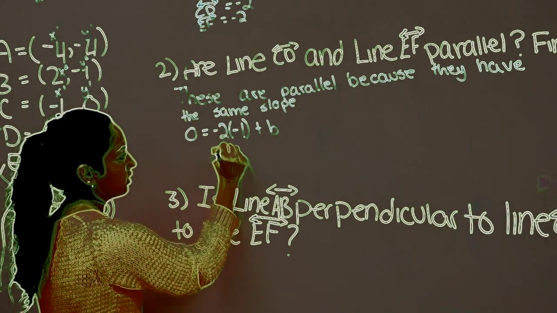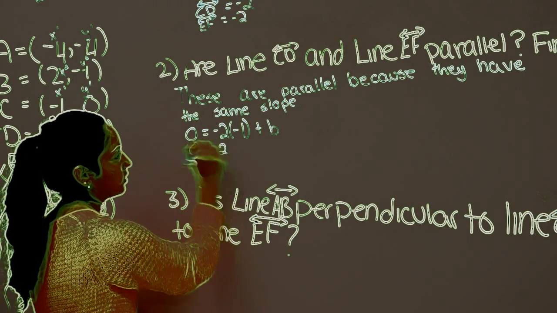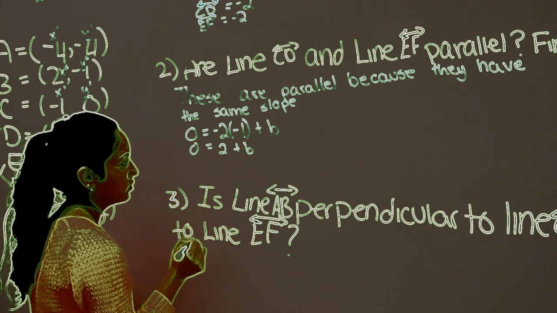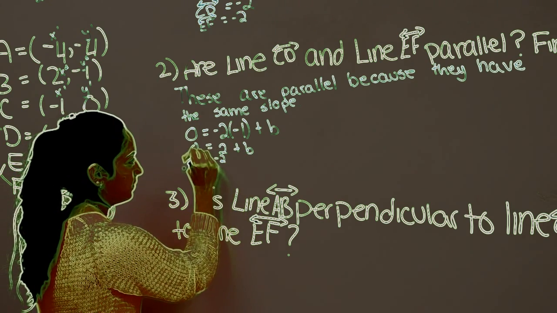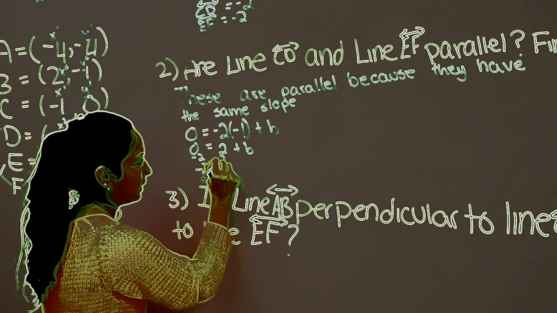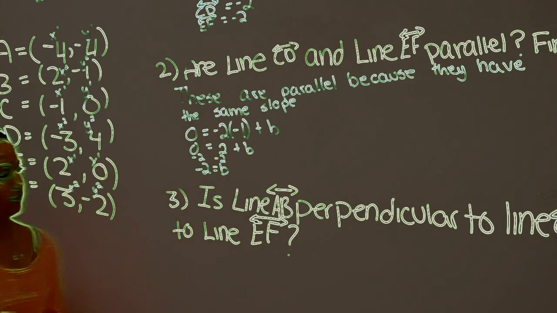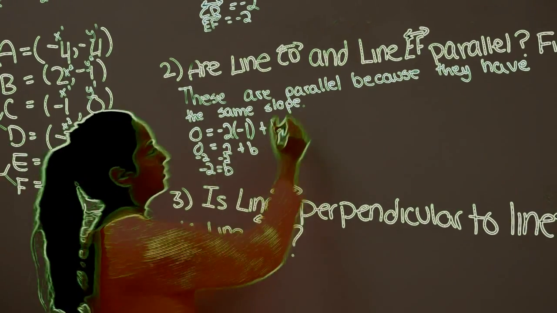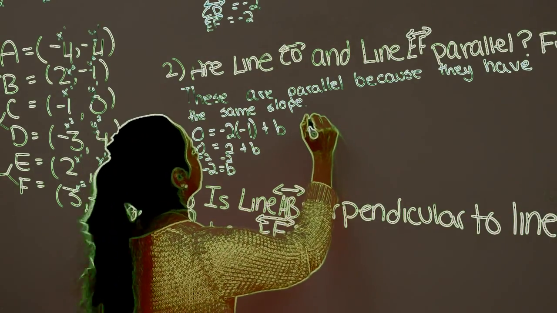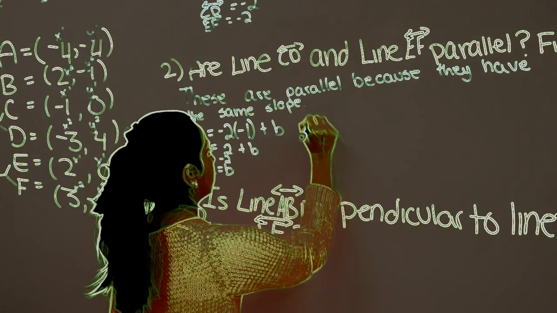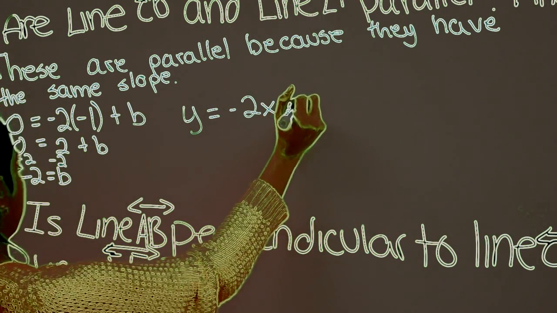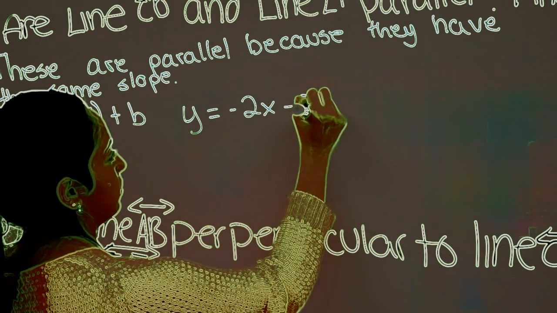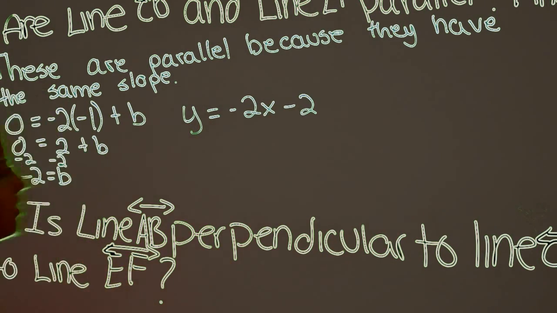So this would be 0 equals 2 plus b. And to make this true, we have to make b be -2. So the whole equation for CD would be y equals -2x - 2.